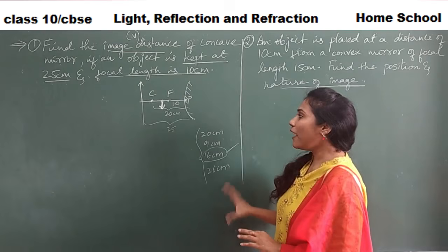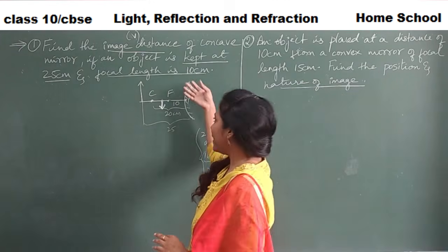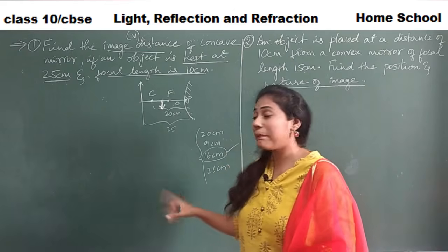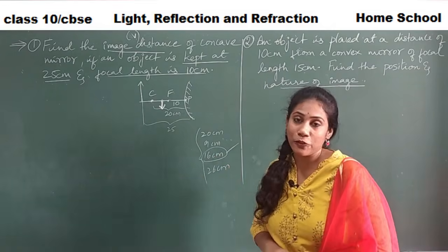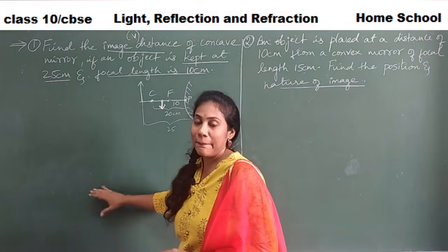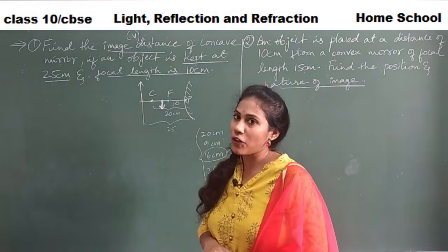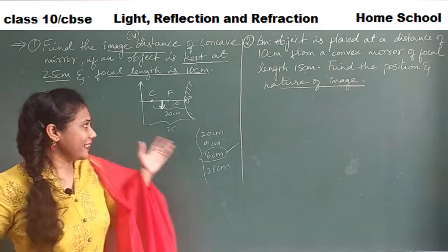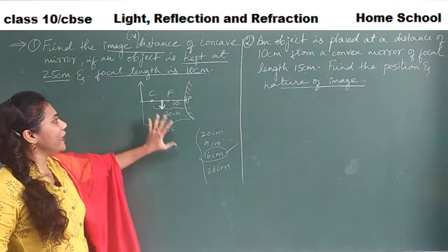Okay, so this is how initially visualizing a ray diagram will help in predicting the answer for MCQ. But if you want to give exactly what number you get, you must use the formula. So let us calculate exactly what value. Now you have an idea.